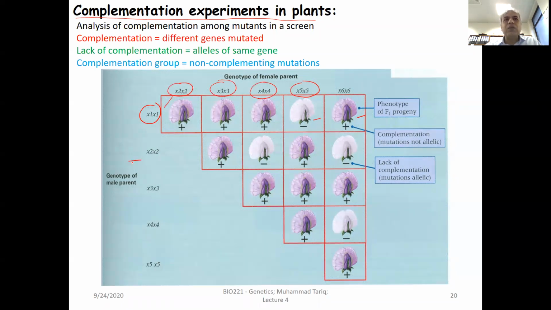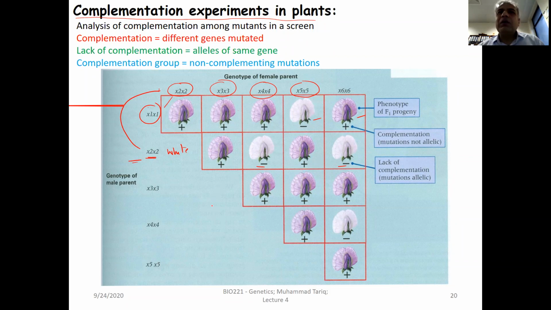Then mutant 2, of course, mutant 2 crossed to mutant 2, you know it is a homozygous recessive. But mutant 2, when crossed to mutant 4 or mutant 6, gives you white, but not purple. Purple is only when you have mutant 2 crossed to mutant 3 and mutant 5.